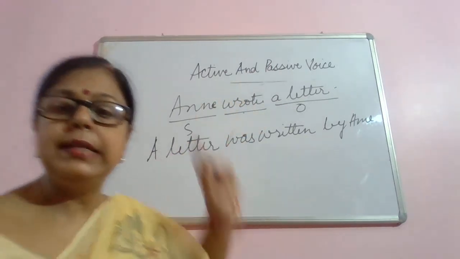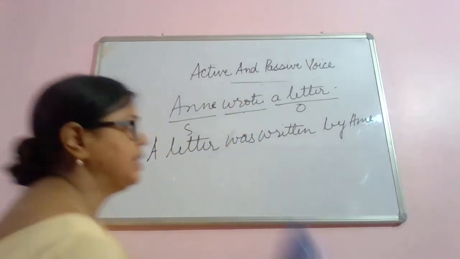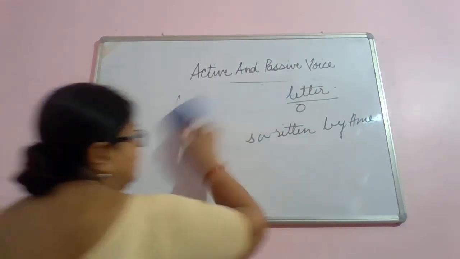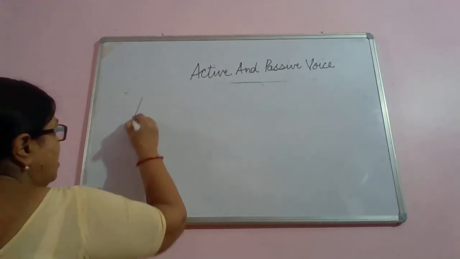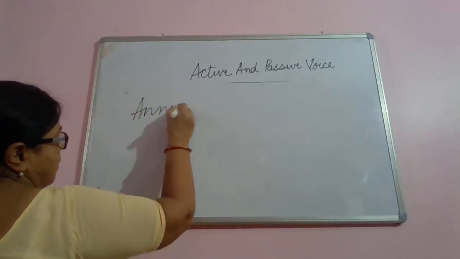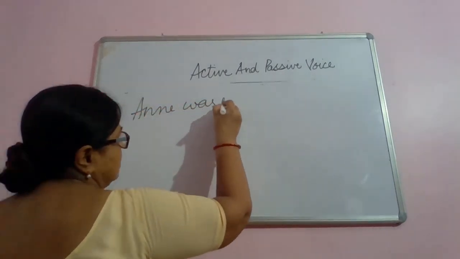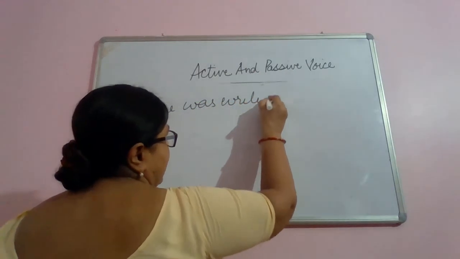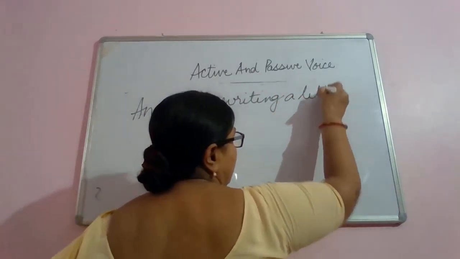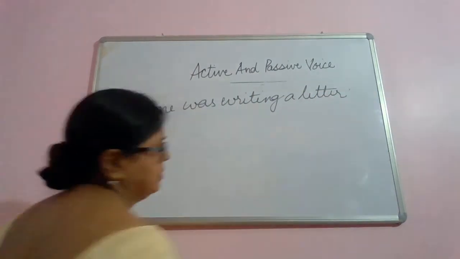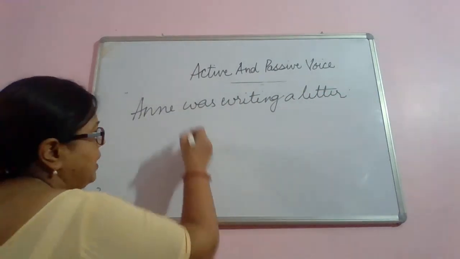Now I will take it to the continuous tense. Anna was writing a letter. Already was is there.